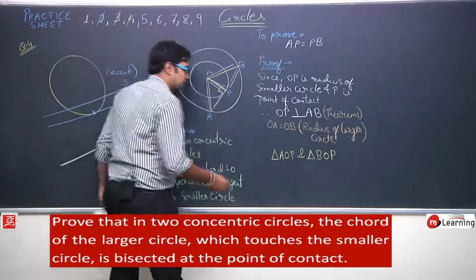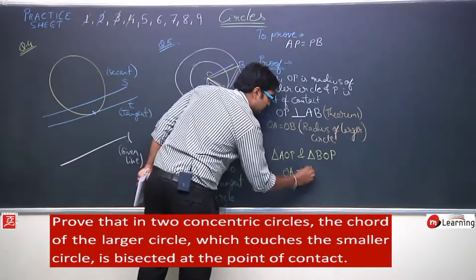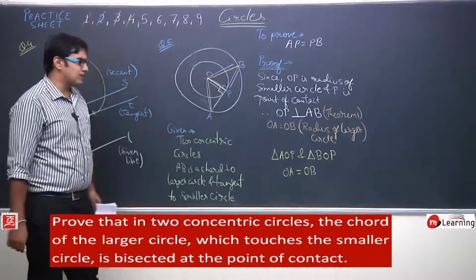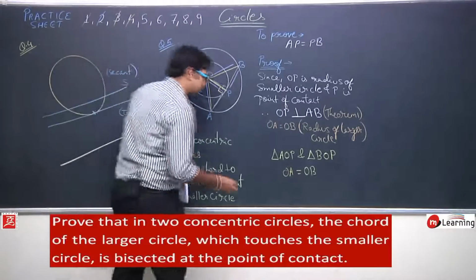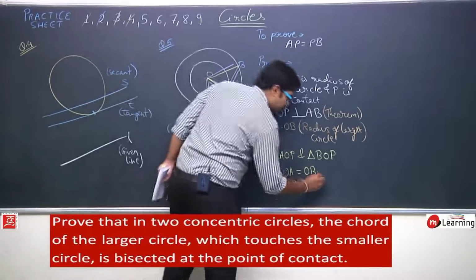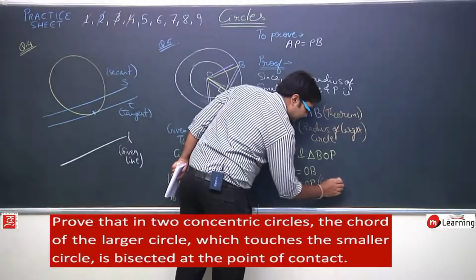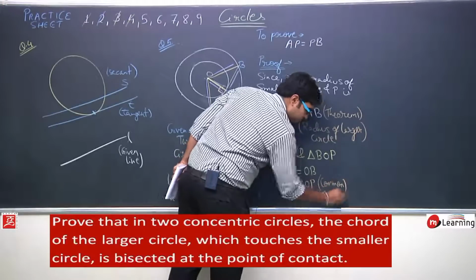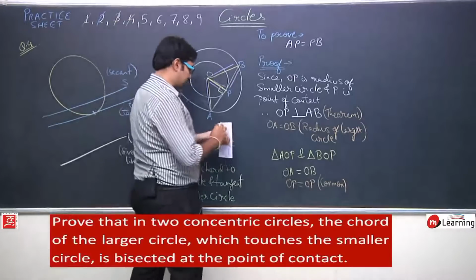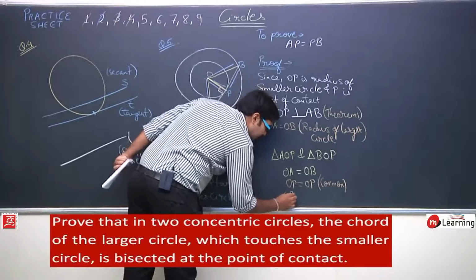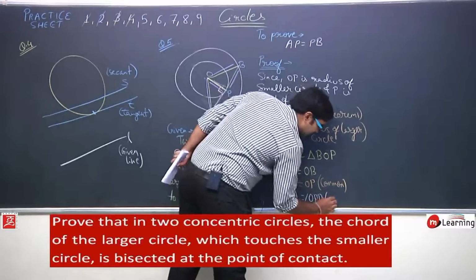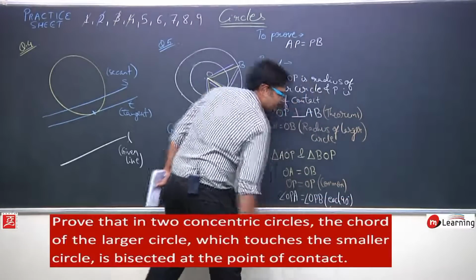In these two triangles, OA is equal to OB because they are the radius of the larger circle. Similarly, OP is equal to OP, because it is common to both. And you have one more important condition: angle OPA is equal to angle OPB, because each angle is 90 degrees.